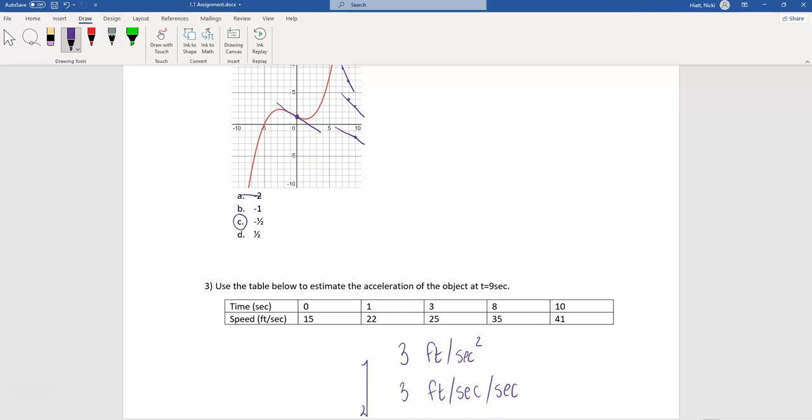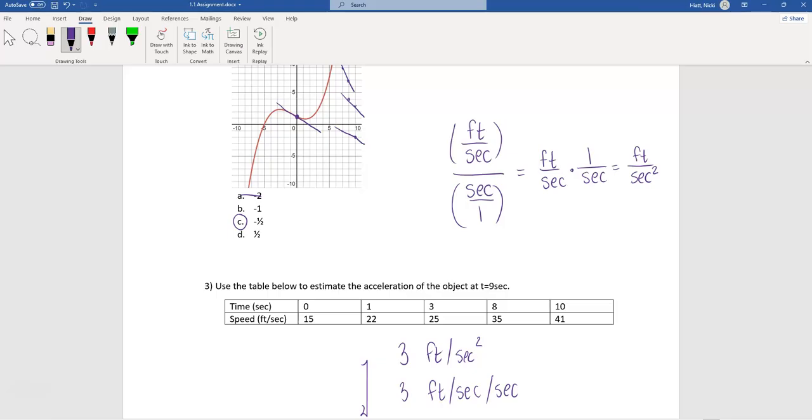They're the same because if you have feet divided by seconds and you divide that by seconds, this is like seconds over 1, right? And then what do we do with fractions? Flip the second and multiply. So feet over seconds times 1 over seconds. In the top, 1 times feet is just feet, and seconds times seconds is seconds squared.